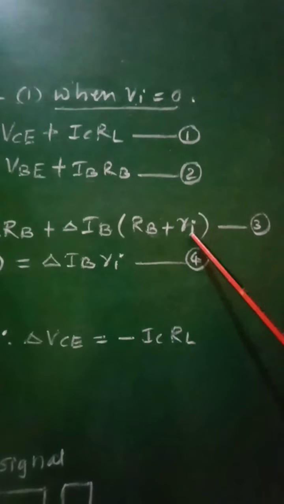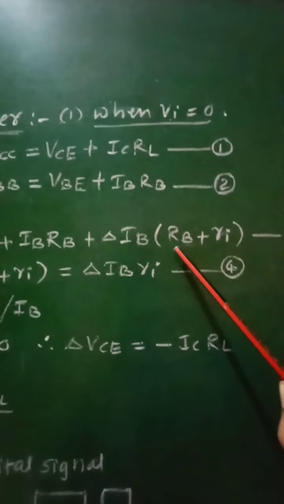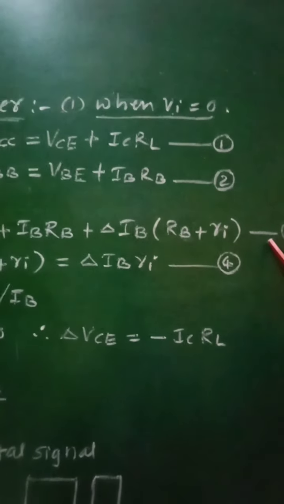This Ri is the input resistance. Let it be equation number 3.